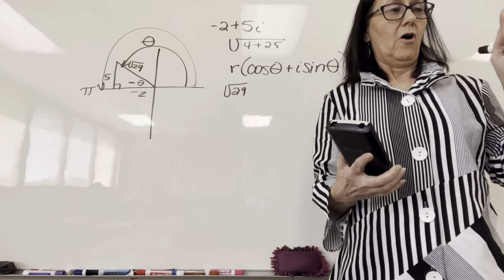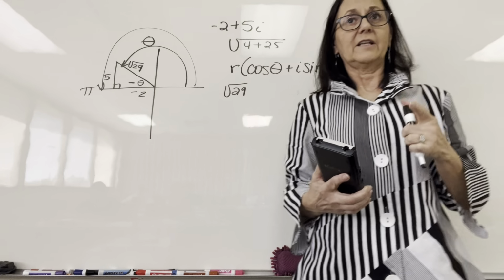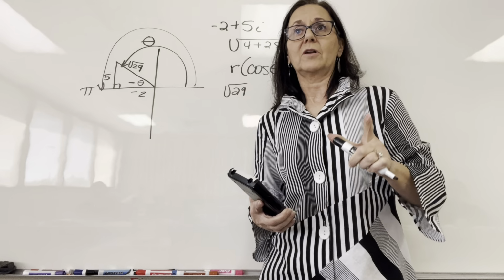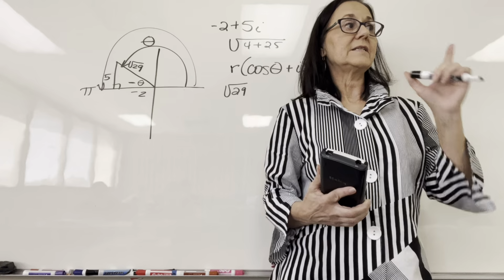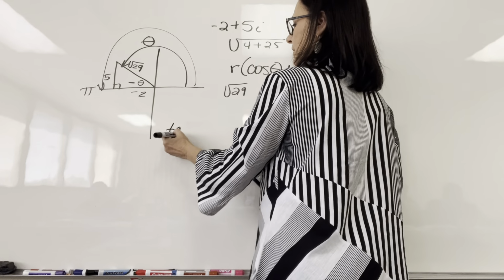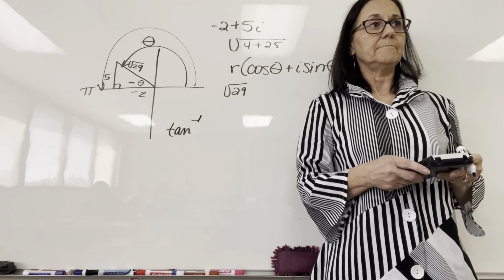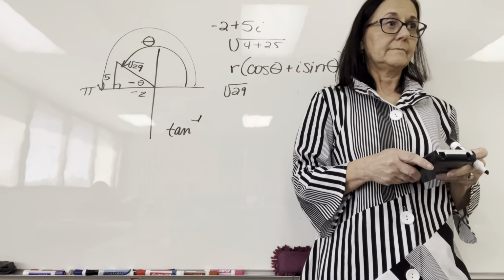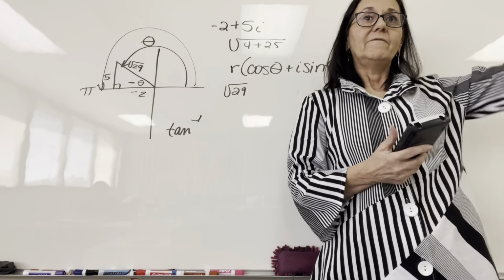All right, you always use the tan, because if you miscalculated the modulus, now your angle is going to be wrong. Always use inverse tan. When I do the tan inverse, what quadrants am I in? 1 and 4.